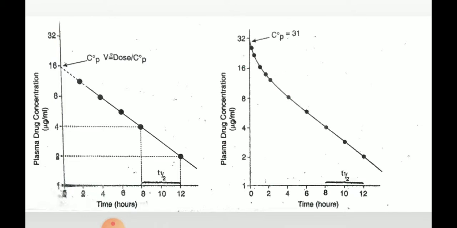So what are the things you can determine from here? You can determine T half, you can determine area under the curve, you can determine C max. Here it is 32 microgram, or around 31-32 microgram per ml.